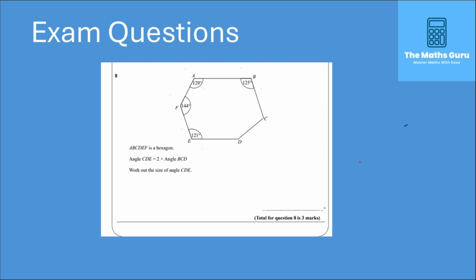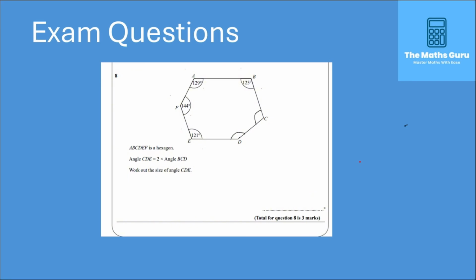Moving on, we have a hexagon, and we're asked to work out the size of angle CDE. So angle CDE is equal to 2 times the angle BCD.